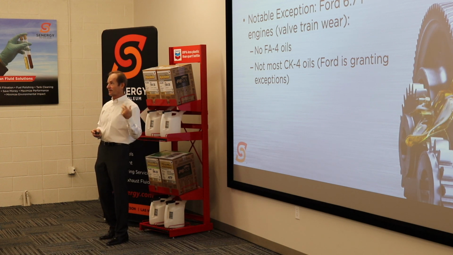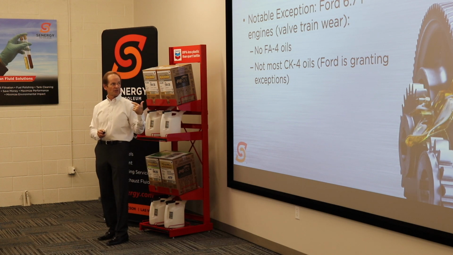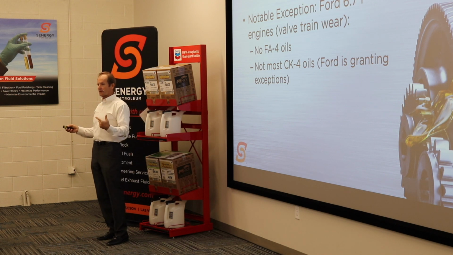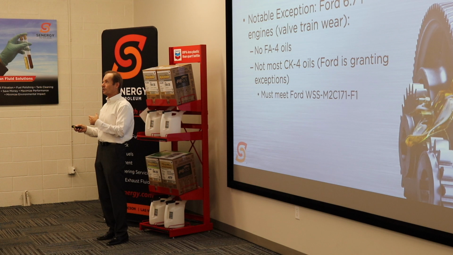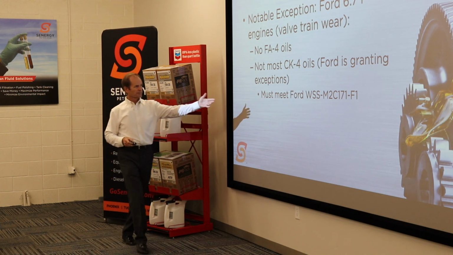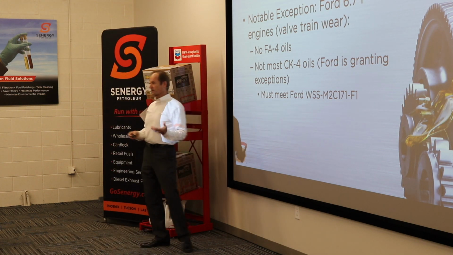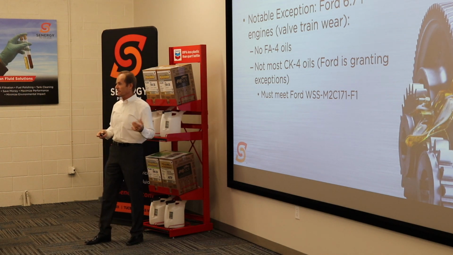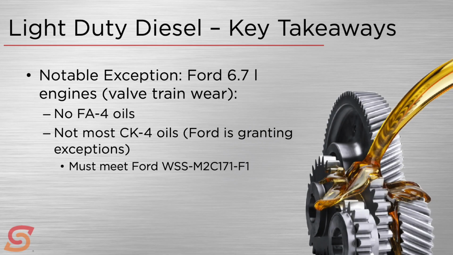So they wanted certain additives at certain levels in their oils. So Ford did go about granting some exceptions. Our suppliers, for instance, could go to Ford and have them test it against this particular Ford spec, a valve train wear test. If it passed, then it was okay to use that CK4 oil.